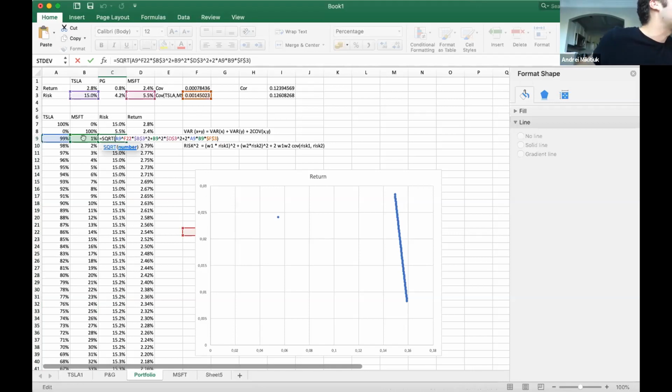We're using Tesla, so 99% Tesla. Okay, I haven't squared this one again. This needs to be squared. 1%. Okay.